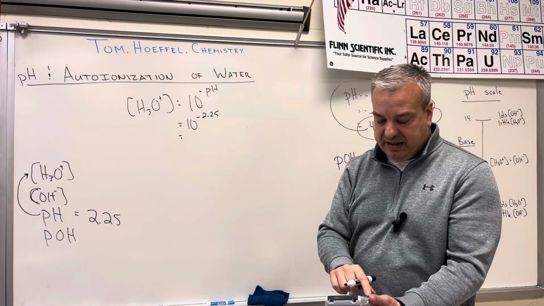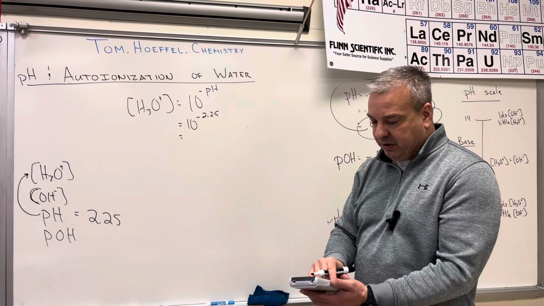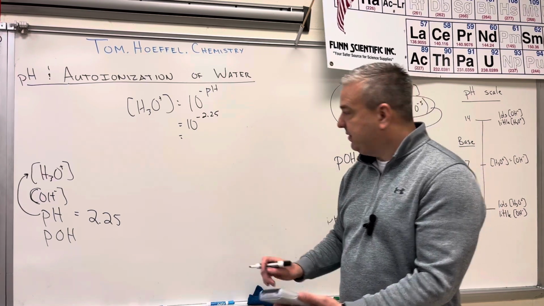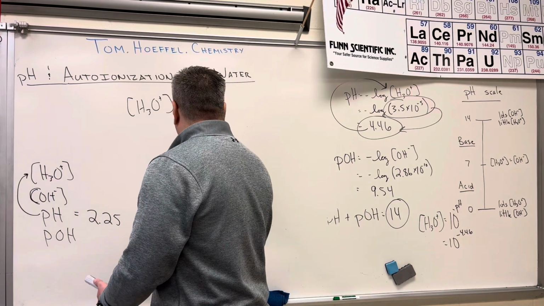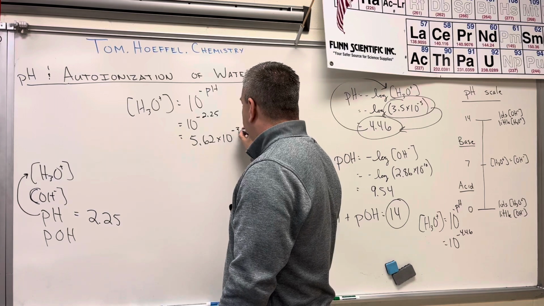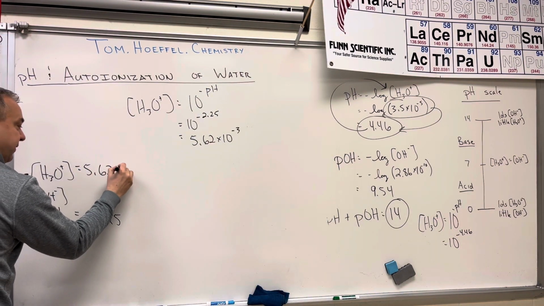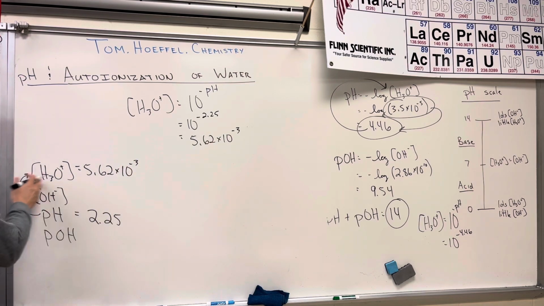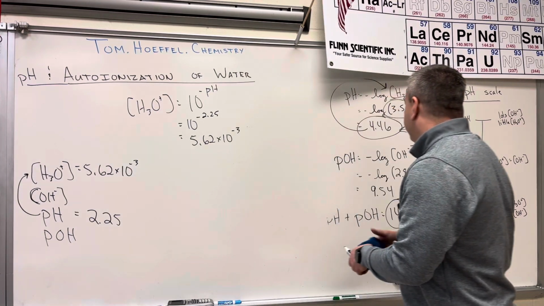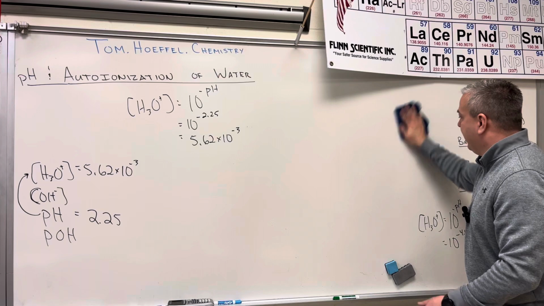I do second log to get the base 10, and then to the negative 2.25. And I get this answer of 5.62 times 10 to the negative 3. So I have the concentration of the hydronium ions, and if I have that, then I can figure out the rest of the material that I need to figure out.